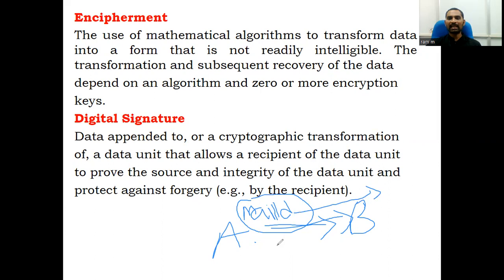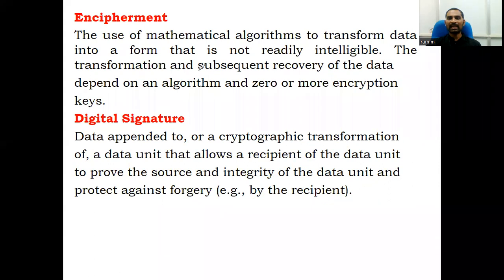A digital signature authenticates or identifies the origin of the data. So we are identifying the origin of the message by using the mail ID that we have received from A. Digital signature generally provides source and integrity of the data unit and protects against forgery.